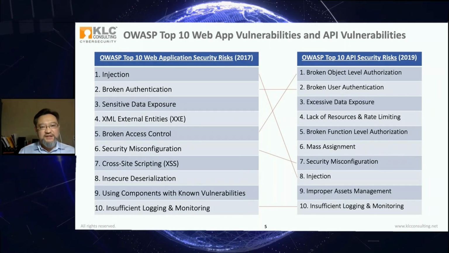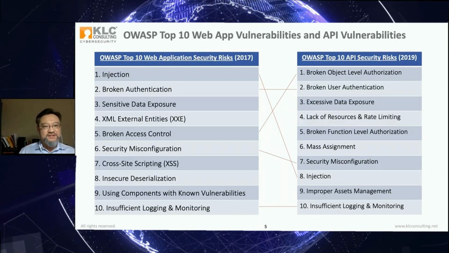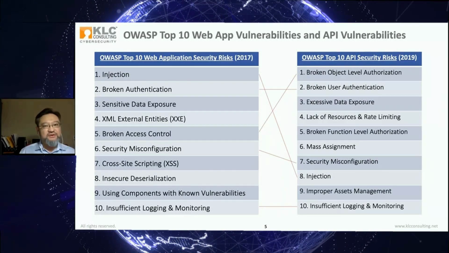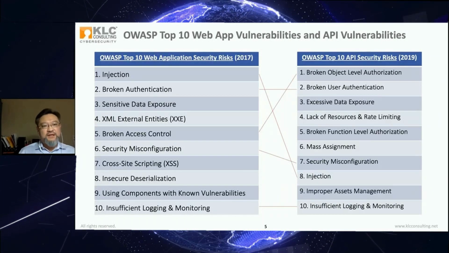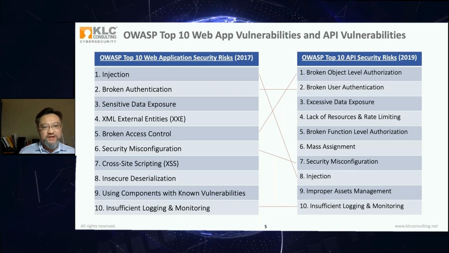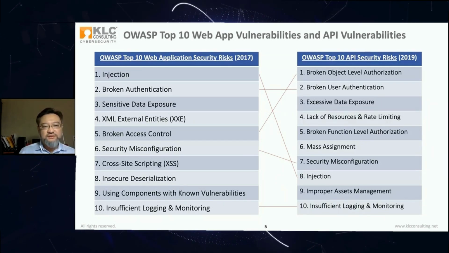On the right side, which is probably a little less known, is the OWASP Top 10 API security risks. It just came out in late 2019. There are 10 of them, and we can go through them quickly, one by one. Number 1, broken object level authorization. Number 2, broken user authentication.